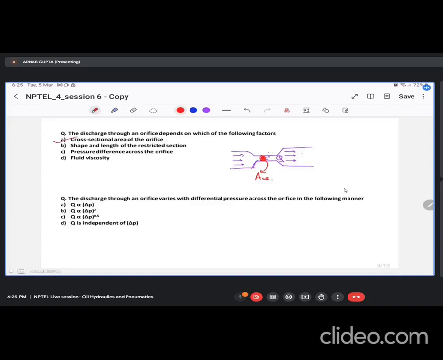It depends on the shape and length of the restricted section. This length and shape. And the shape means this particular shape. It can be like this, it can be like this. There are different shapes. So depending on that, your coefficient of discharge will be varying.